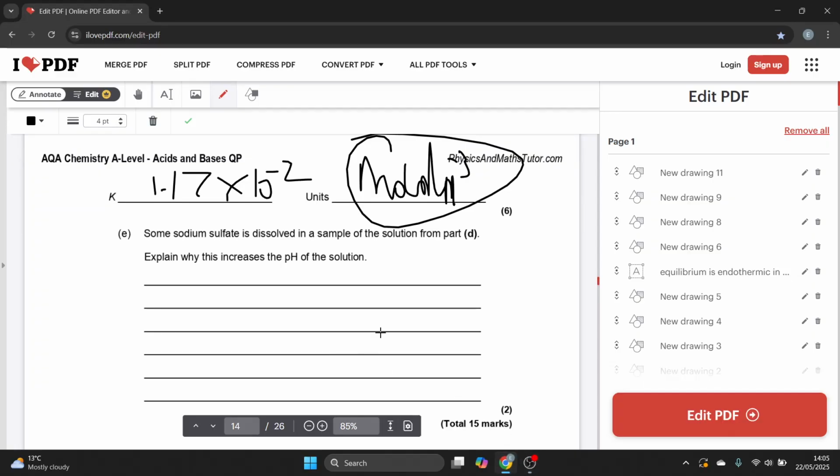Some sodium sulfate is dissolved in a sample of solution from part D, saying why this increases the pH of the solution.